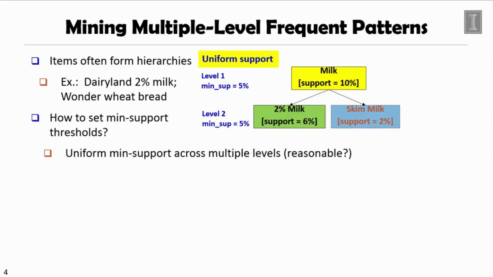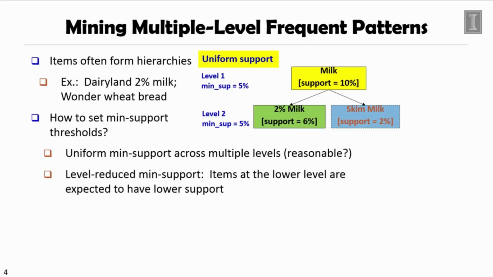But there's one problem. If you set it very high, because they naturally have lower support, the low-level patterns will not show up. But if you set it very low, at the high level you get too many uninteresting patterns because everything may show up. So a reasonable way is to set level-reduced minimum support.